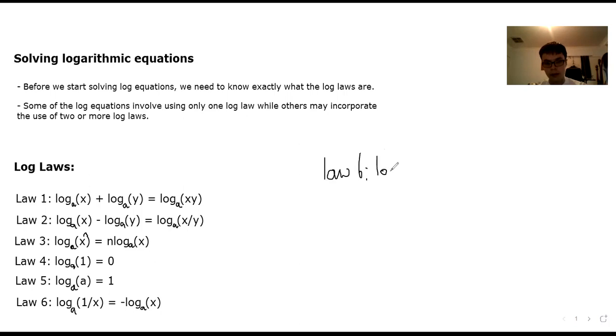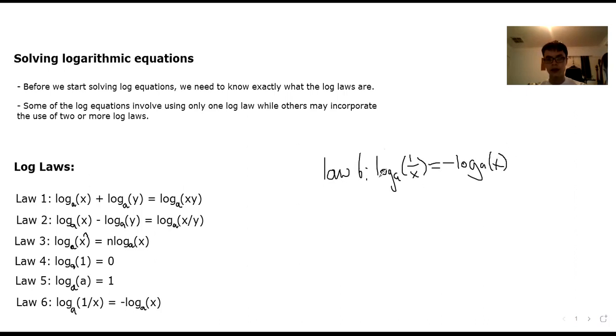Log law number 6: log a of 1 over x equals negative log a of x.